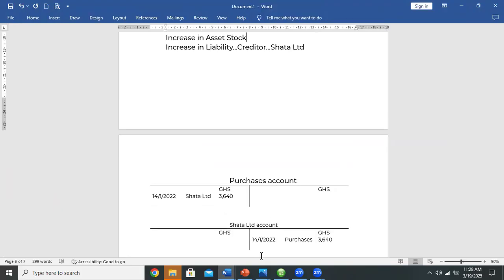Is there any question on this one? So please, again, you can do some small chewing and pouring, even though I know that you understand. Anytime you purchase goods on credit, you open your purchases account and the creditors account, right? You debit purchases, you credit the creditor.